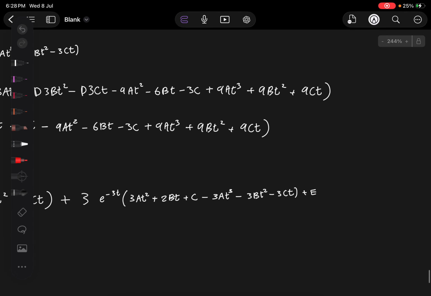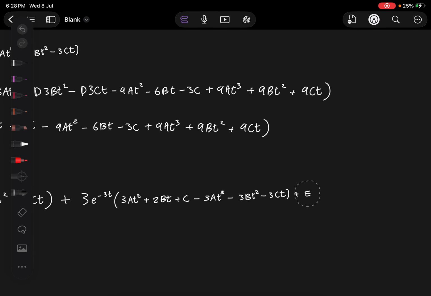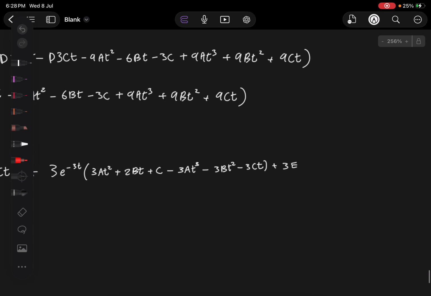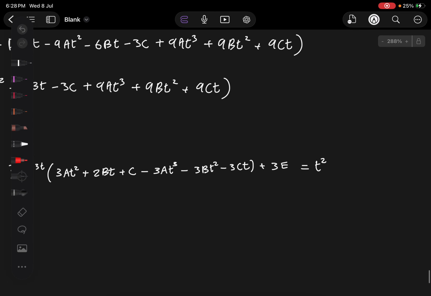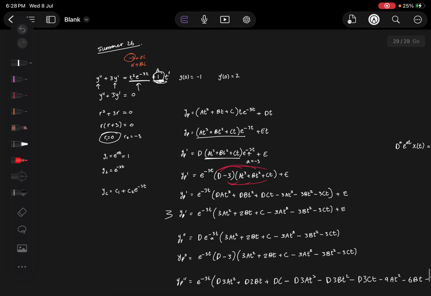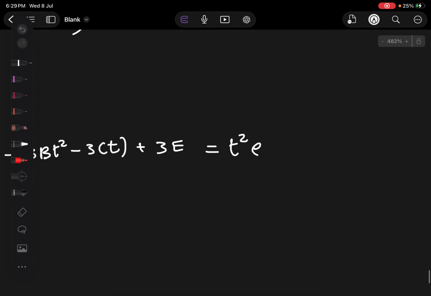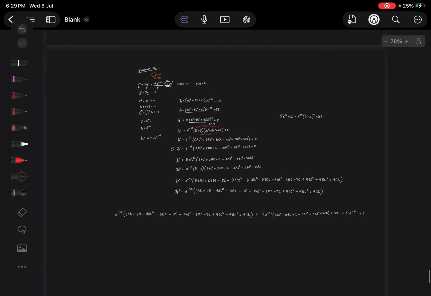Or you can distribute the 3, it's easy. So plus 3e equals t squared e to the negative 3t plus 1, right? Yeah.